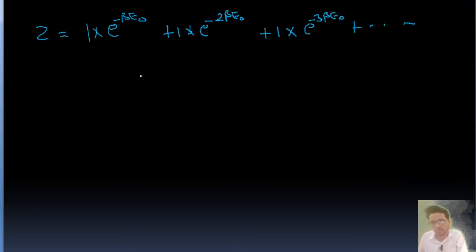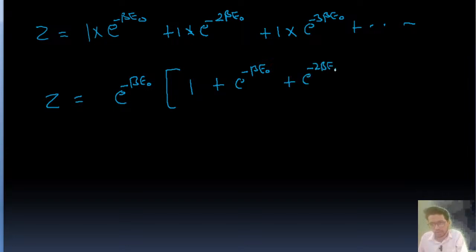So this is going to be 1 into e to the power minus beta E naught plus 1 into e to the power minus 2 beta E naught plus, because degeneracy is 1, 1 into e to the power minus 3 beta E naught plus so on, right? So Z is going to be, we'll take e to the power minus beta E naught common. If we take this common, this is going to be 1 plus e to the power minus beta E naught plus e to the power minus 2 beta E naught plus so on, right? This one.